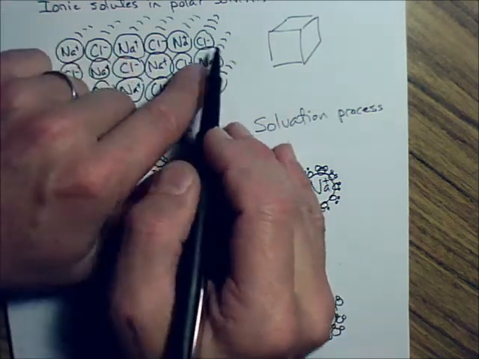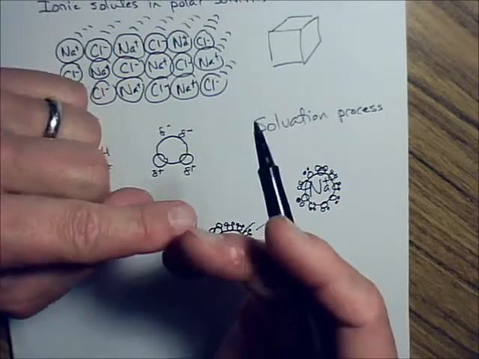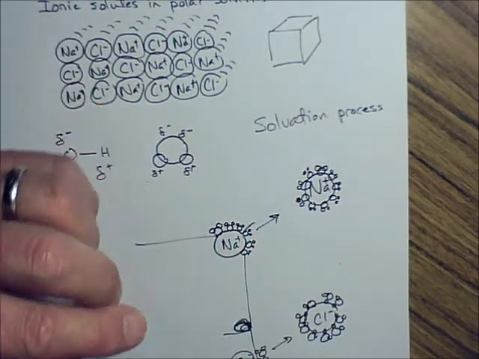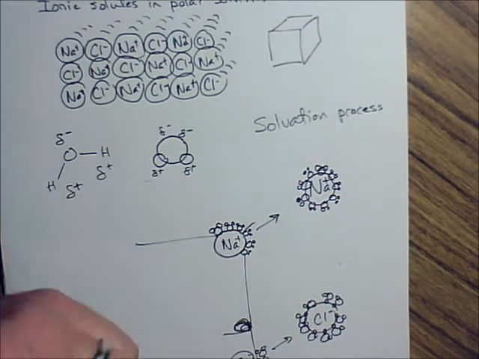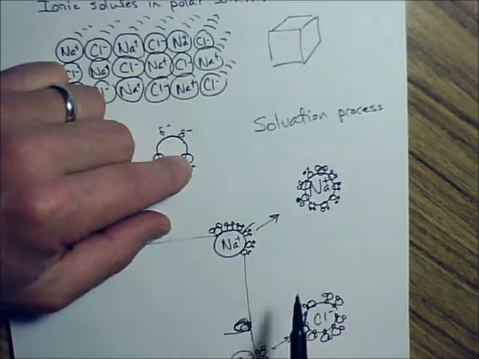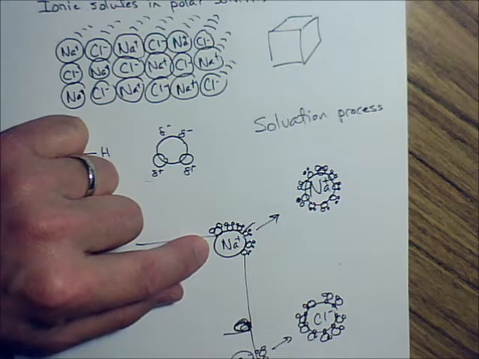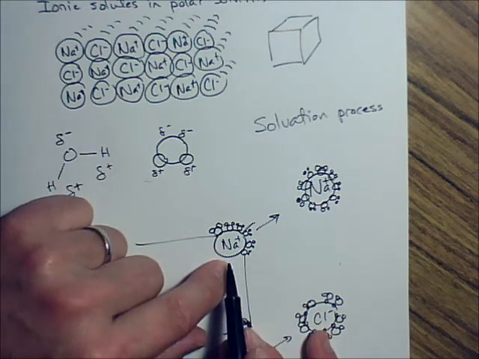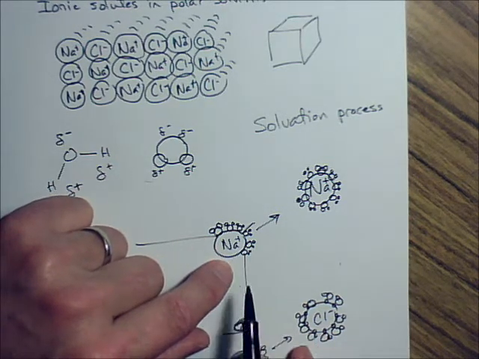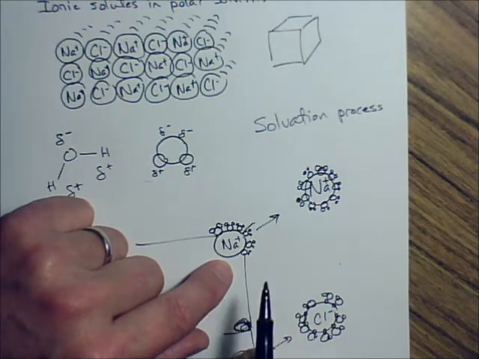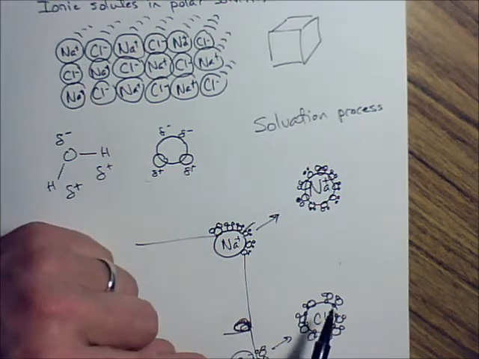So you have to have it out on a corner somewhere. So the corners are where you can get more water molecules around it. And the more water molecules you can get around it that are having this polar to ionic attraction, the more you're able to satisfy that ion's need for that negative charge. And so when the wiggling gets just right, it makes it easier for it to break loose.